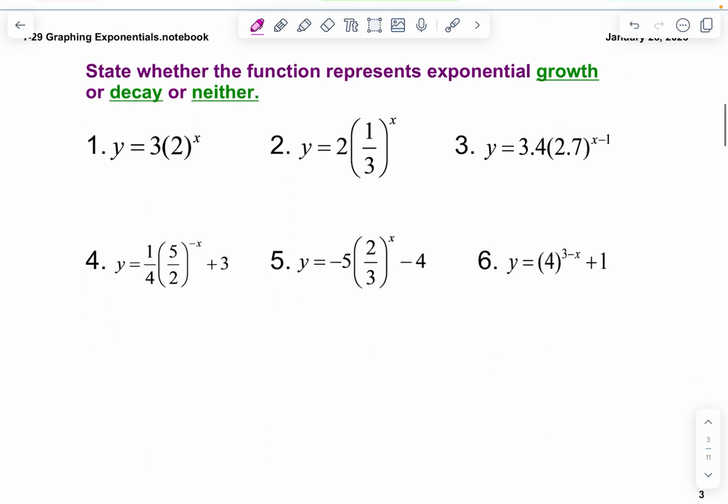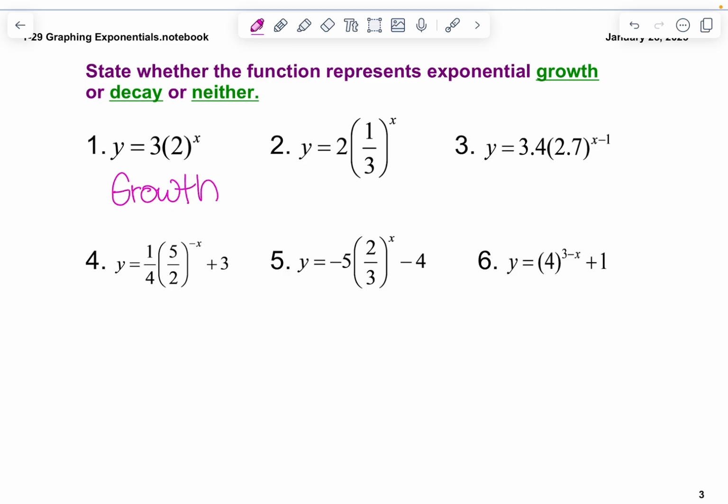All right, so here we're just looking at equations. We're not graphing them, we're just focusing on the r, and if a is negative, and then also we have to look at if x is negative. So in number 1, there's no negative, and we have r is 2, so this would be growth.